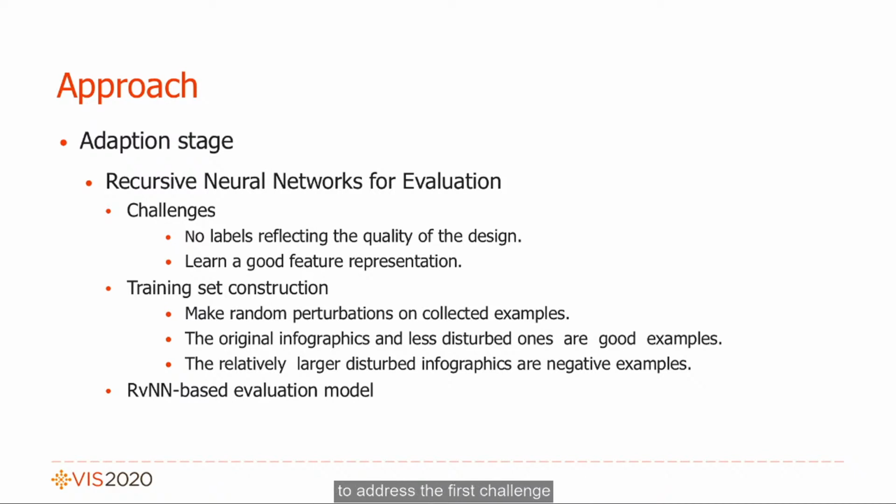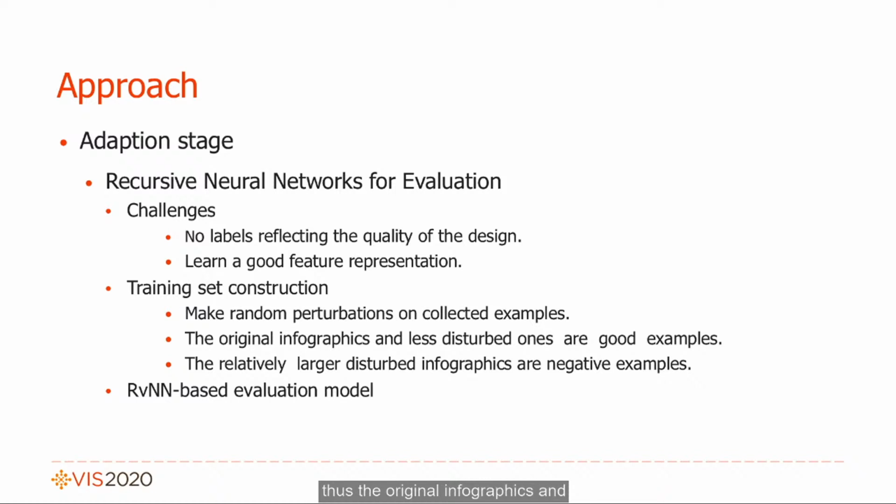To address the first challenge, we construct a training dataset. Specifically, we make random perturbations on collected examples. We assume that the larger the perturbation is, the worse the spatial relationships are.